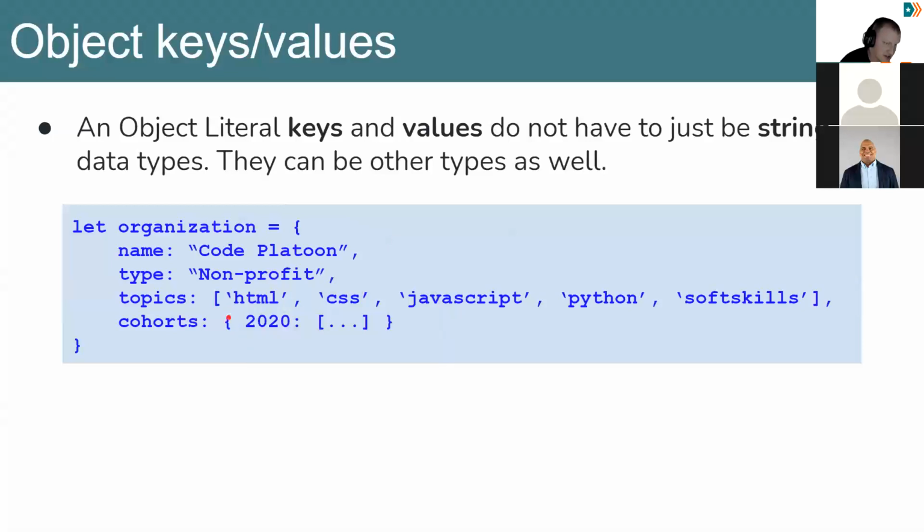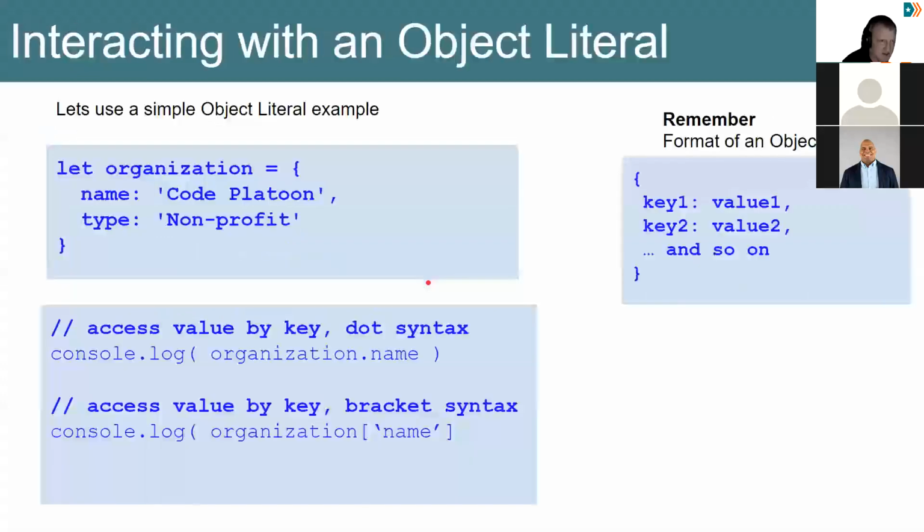Cohorts down here, the value of it is an object literal, where it has one key at the moment, which is a number. So the keys don't just have to be string labels. Well, that's what it turns them into. But you'll see that I can have numbers as the key, and then the value can again be another array. So if this isn't setting in yet, it's hopefully going to soon.